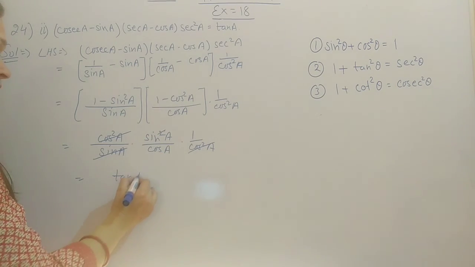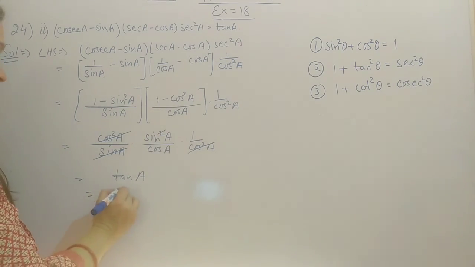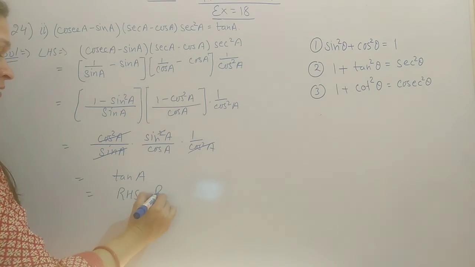Sin by cos is equal to tan A, equal to the right side, hence proved.